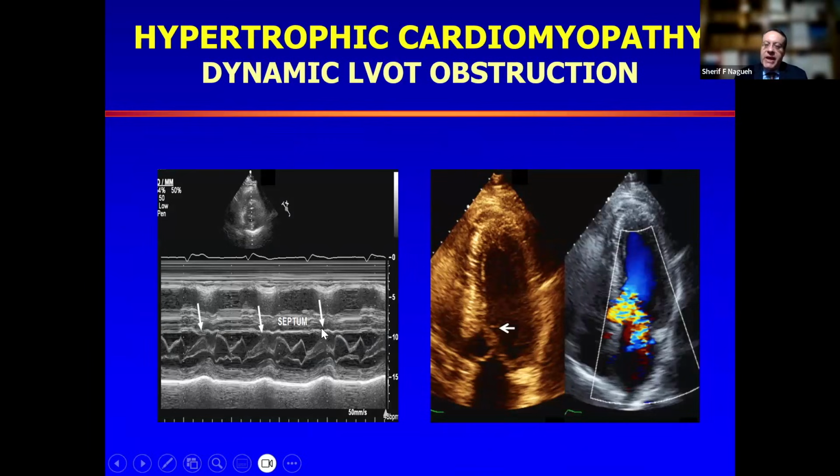On that M-mode, the arrows point to where the anterior leaflet touches the septum. Very nicely illustrated by 2D here. You see the arrow, and then we see acceleration of flow in that inverted Y appearance through the LV outflow tract and a mitral regurgitation jet, typically directed posteriorly and laterally, but can be a central jet in some patients.